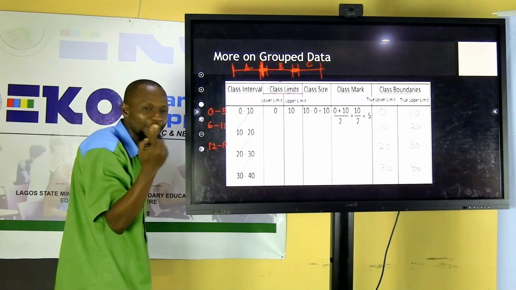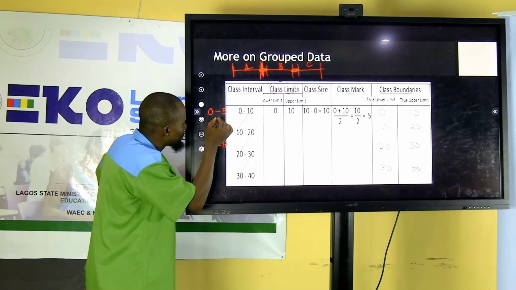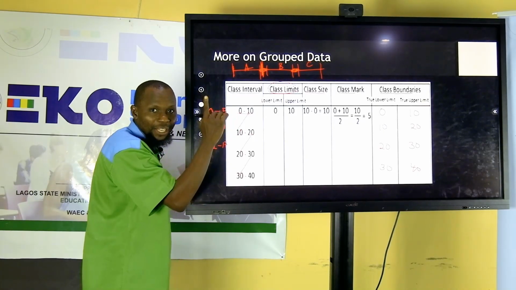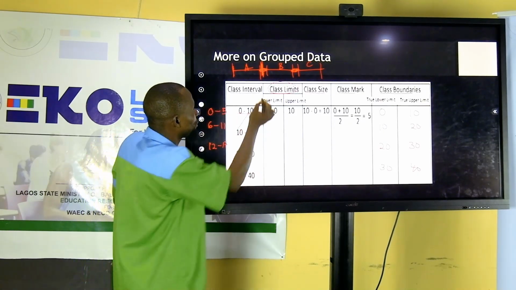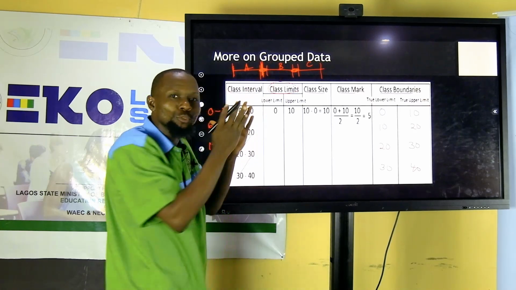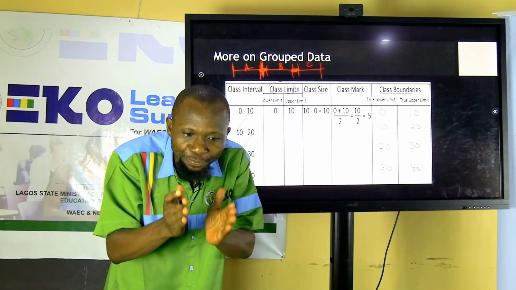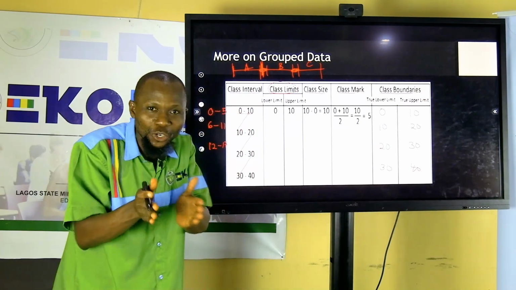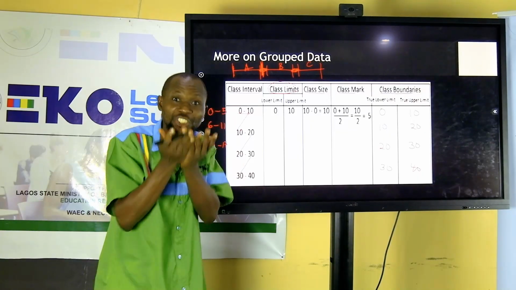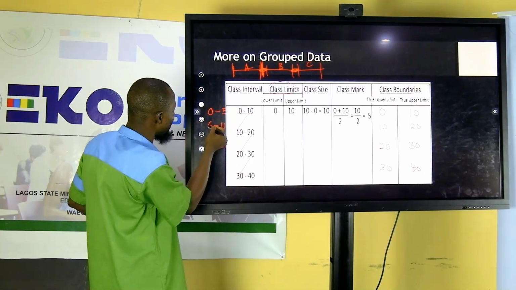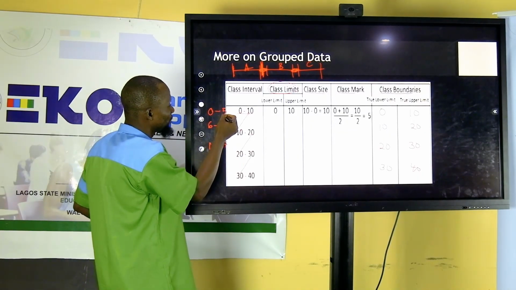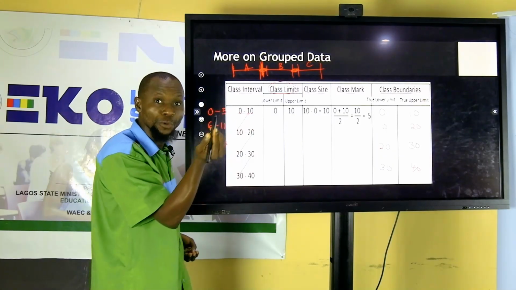Just come here, 6 minus 5 is what? 1. Divide 1 by 2, because just like I've explained here, you want to share the space that does not belong to any of them. You have to share it into 2. That is why 6 minus 5 is 1, divided by 2, 0.5.